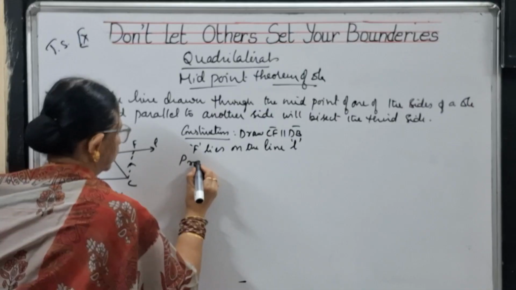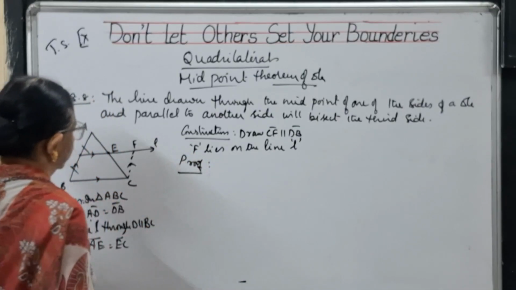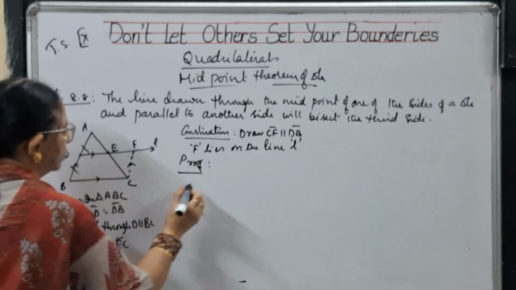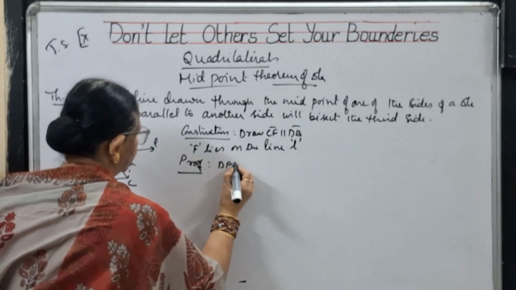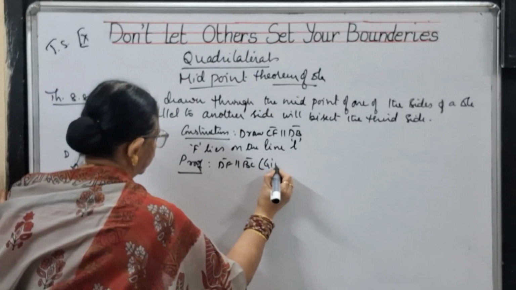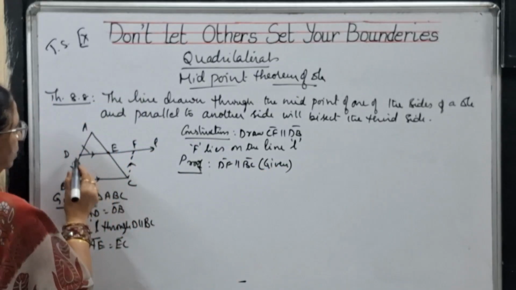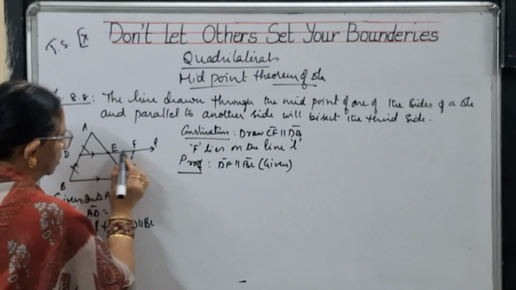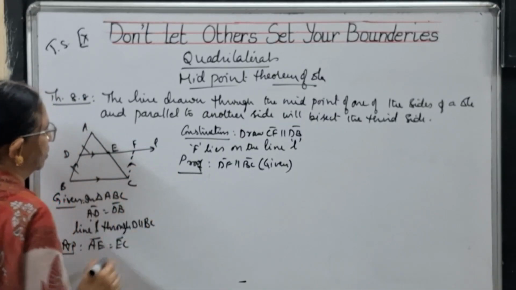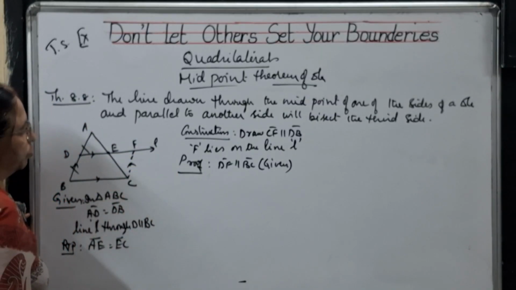Now proof. See, children, they have given here we can say DF is parallel to BC. It is given to us. They have given that this is parallel to this. This line is drawn in such a way that it is parallel to one of the sides. So DF is parallel to BC.